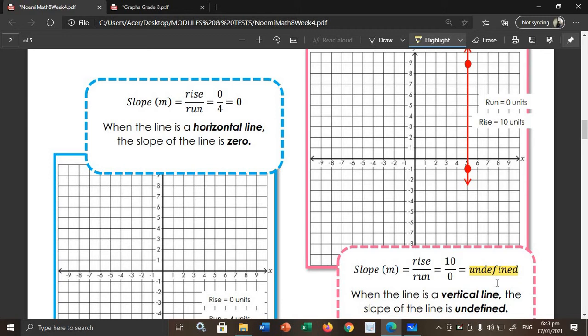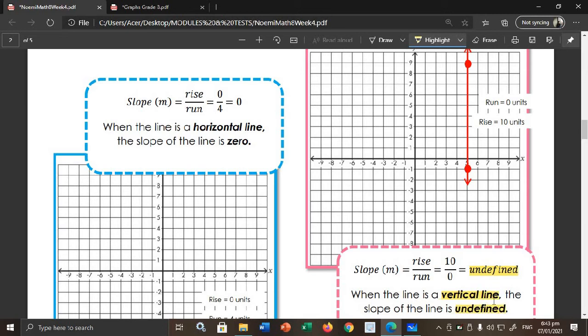Okay? Kasi sa fractions, when the denominator is 0, that is undefined. When the numerator is 0, that is equal to 0. So when we get 10 over 0 as our slope, the slope is undefined. No? And then the line automatically is a vertical line.